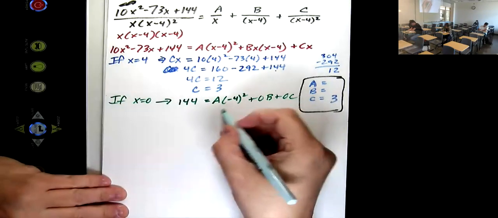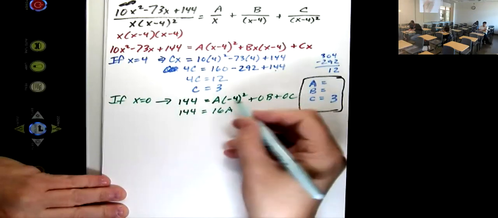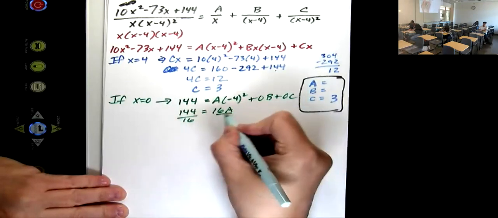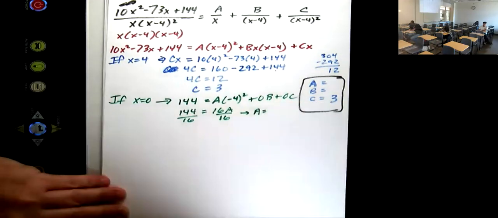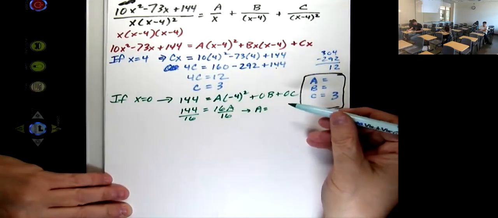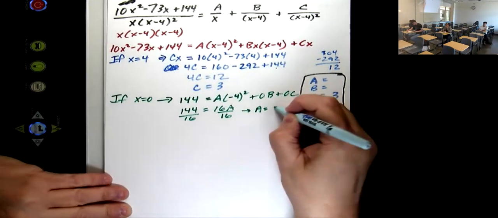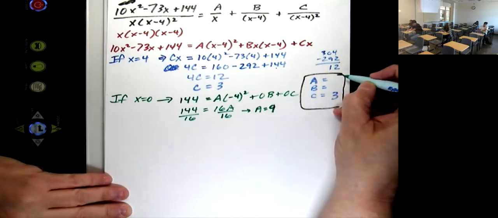So this is 144 equals 16a. So we divide by 16 and what do we get? That looks like 9. Somebody do that in a calculator, make sure that's a 9. It's a 9, okay.